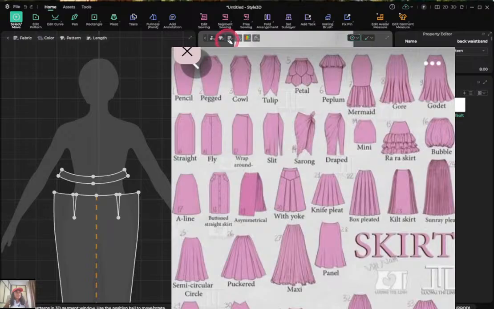Yeah, I know. If I don't get the waistband right, then we're going to stay here. Okay. Come on.